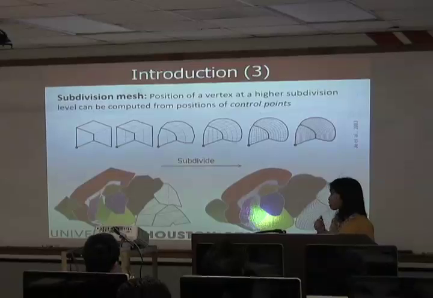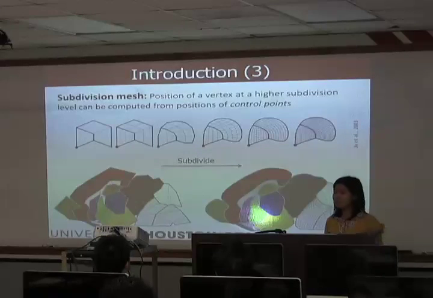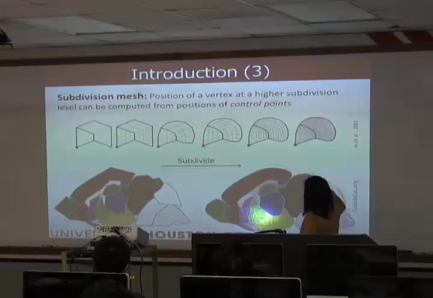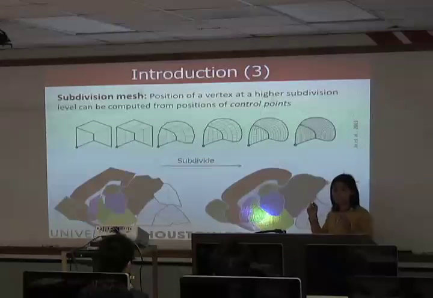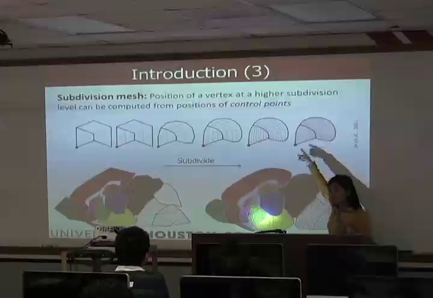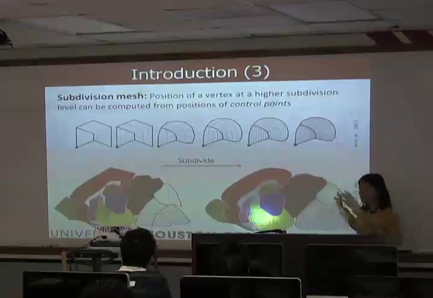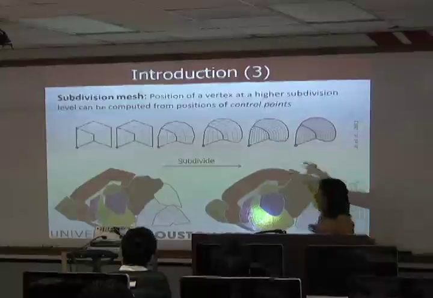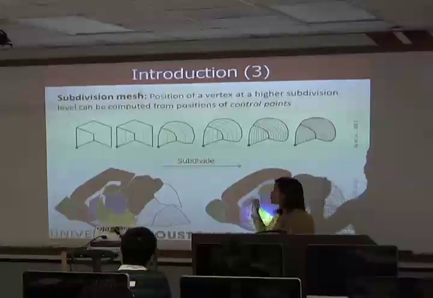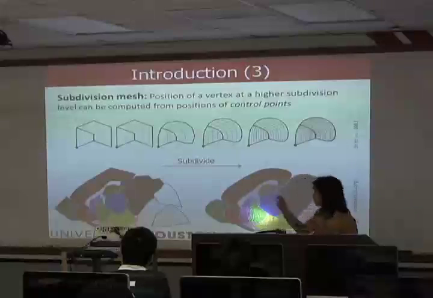And subdivision mesh is an effective tool to do this, because subdivision is a fractal-like process that allows you to draw a smooth curve like in the rightmost figure, just based on a relatively few number of points, as you can see.